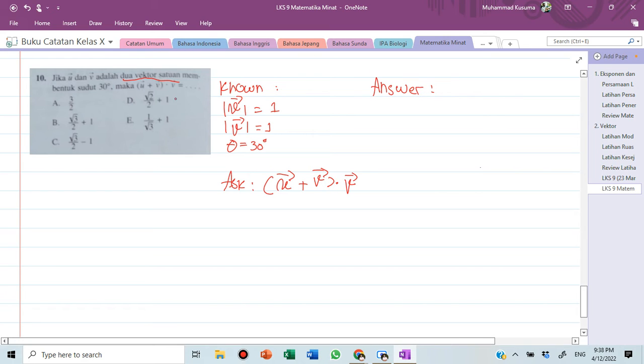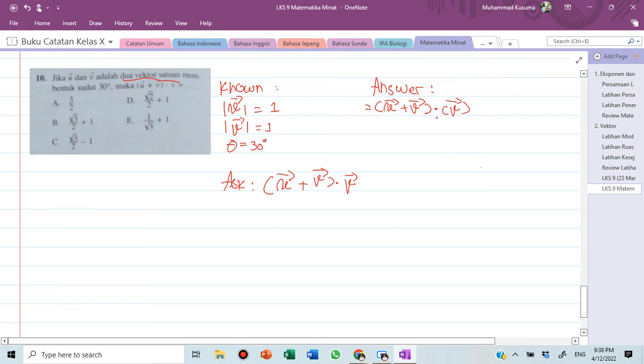Now we could answer this by making some change in the question itself. So I'll rewrite the question here: (vector u plus vector v) dot vector v.